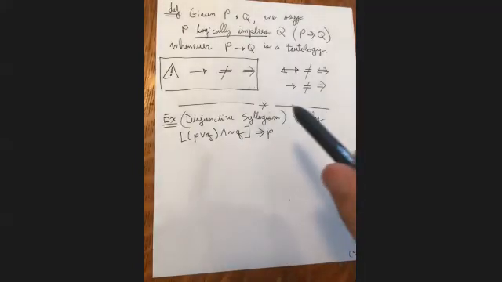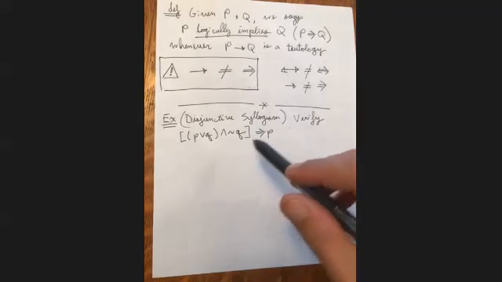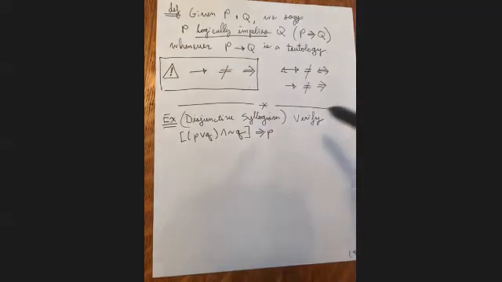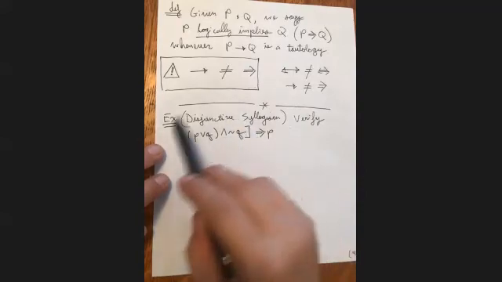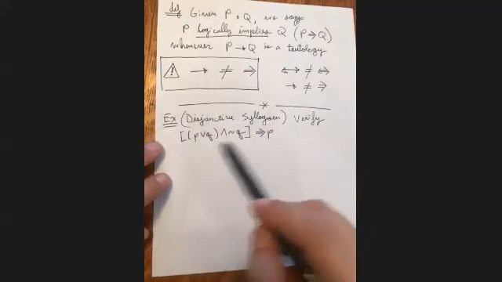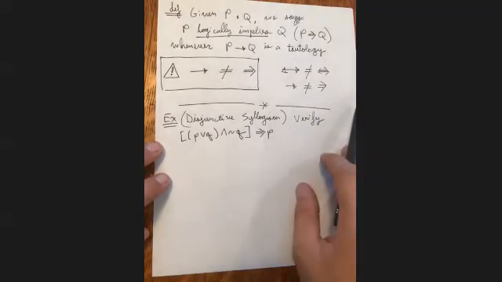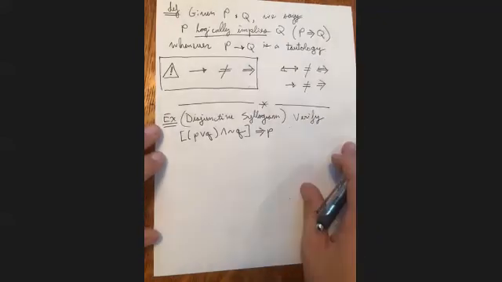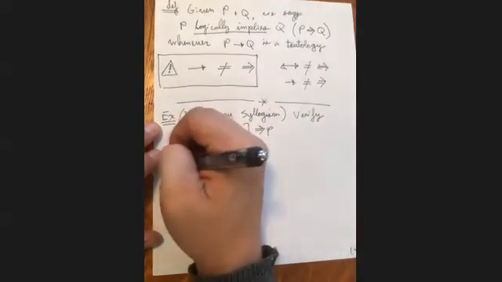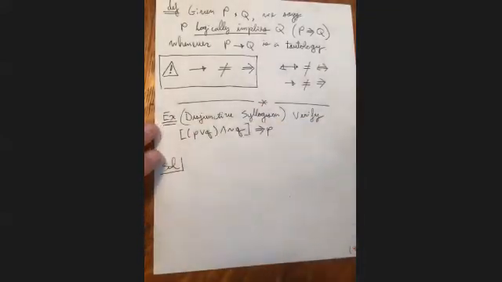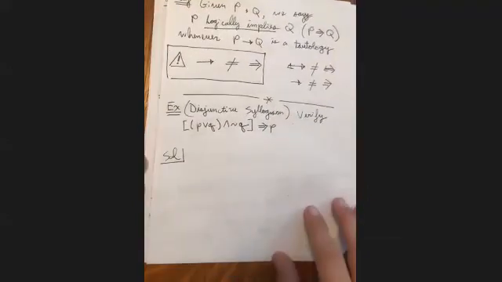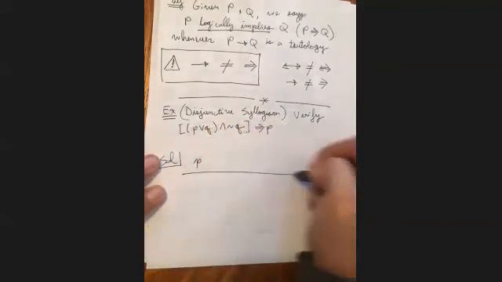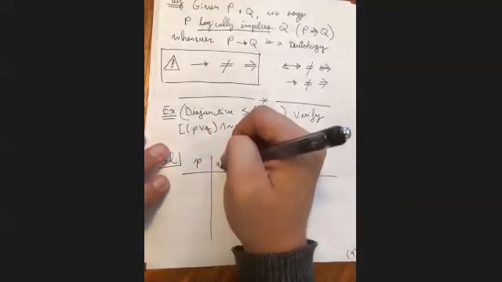Okay, so this is tricky, but what we see is that all of this complicated statement with P's and Q's ultimately just depends upon P. So let's see what that looks like. In order to verify this statement, we need to construct a truth table. So we've got P's and Q's, so we're going to need 4 rows.